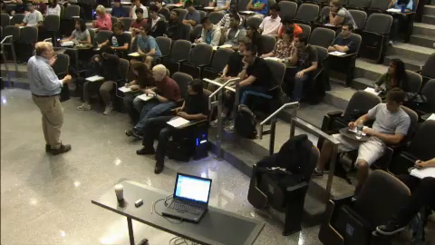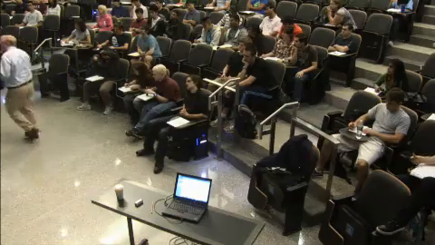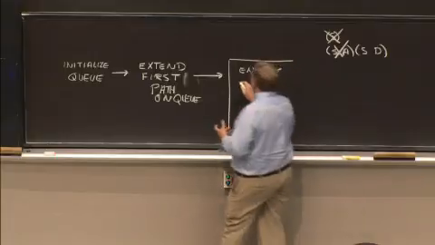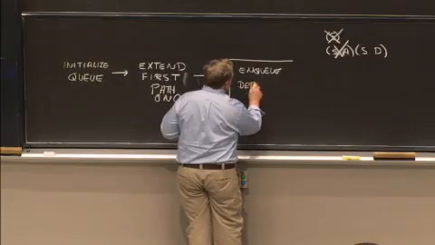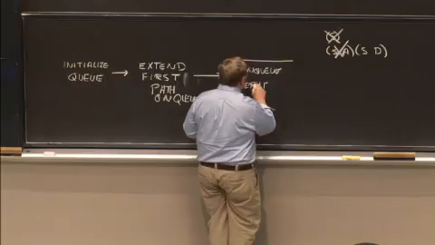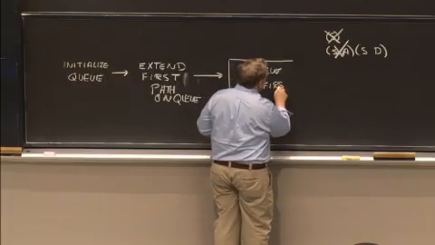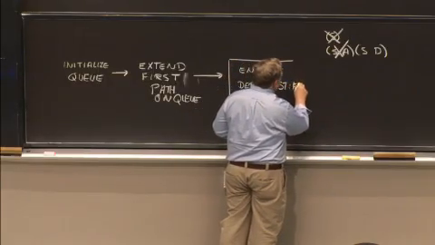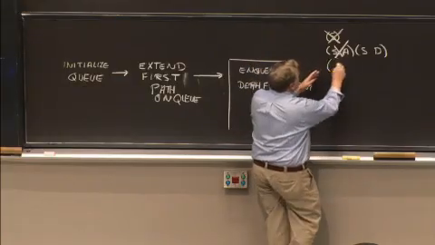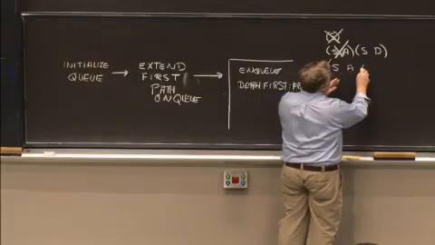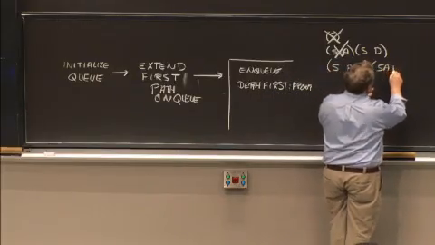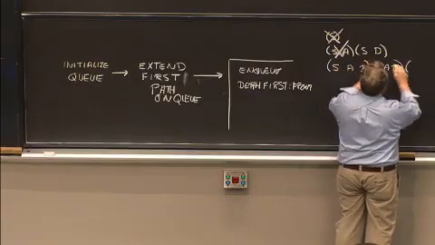I want to put them on the front of the queue. So for depth first search, I want to put them on the front of the queue, and that's why SAB goes here, then SAD, and then that's SB.